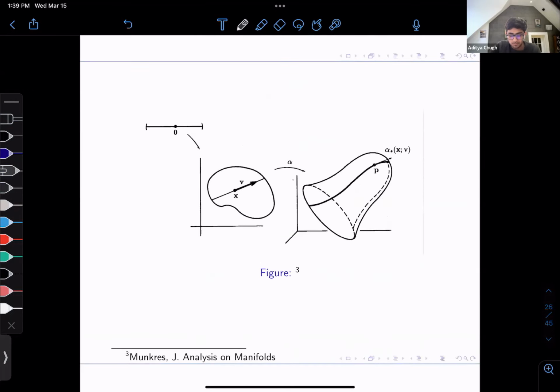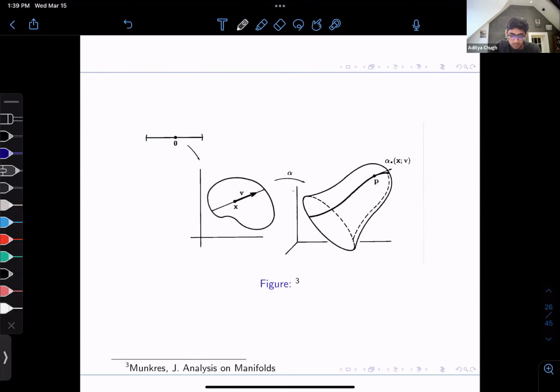And this is a figure from a textbook, where if you consider this map to go from this subset of R2 to this subset of R3, which is a manifold, then you could consider a path and consider the velocity vector at this point.